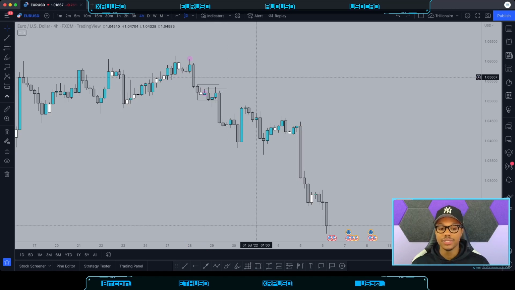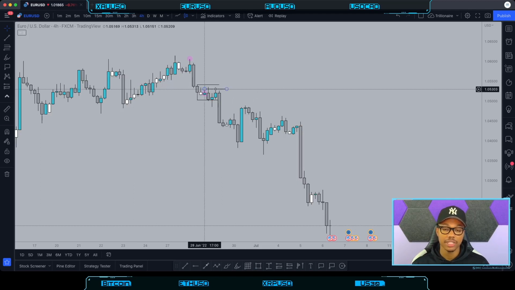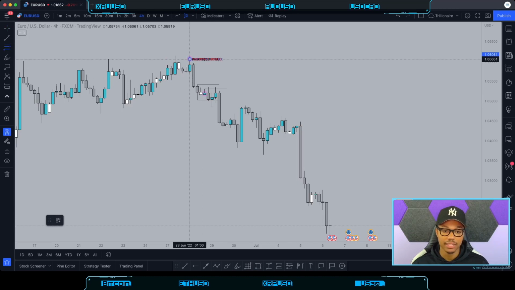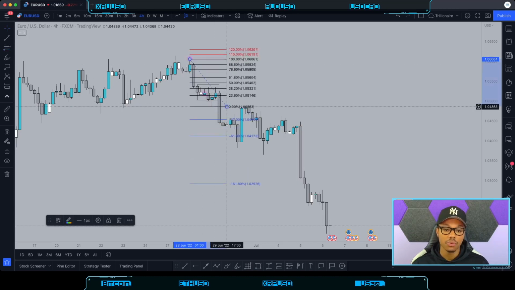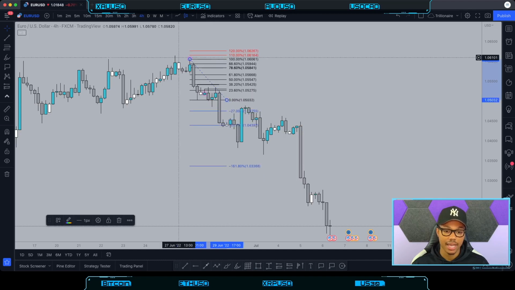Do you see a bullish candlestick body closure above this first bullish high here? If the answer is no, then that is still a part of the previous trend. That means that if you were using fibs in this case, you would not go from this high to this low here, and you definitely would not go from this high to this low here.